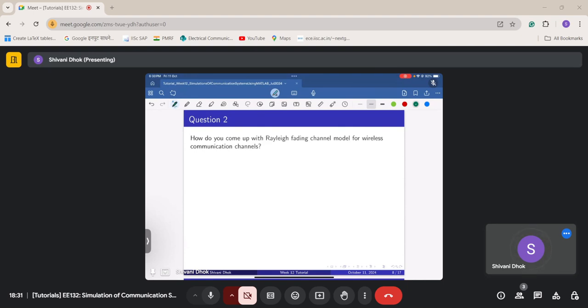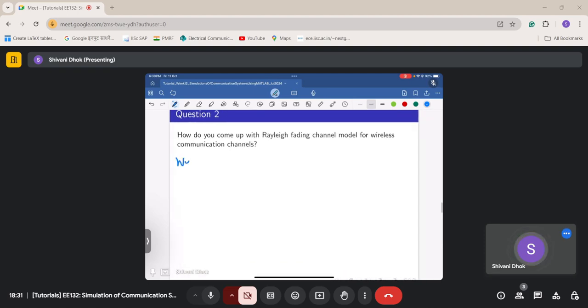What happens is we have seen that we receive multiple copies, or we have multiple reflections, of the signal. So let h be the channel gain or channel coefficient between a transmitter and a receiver.